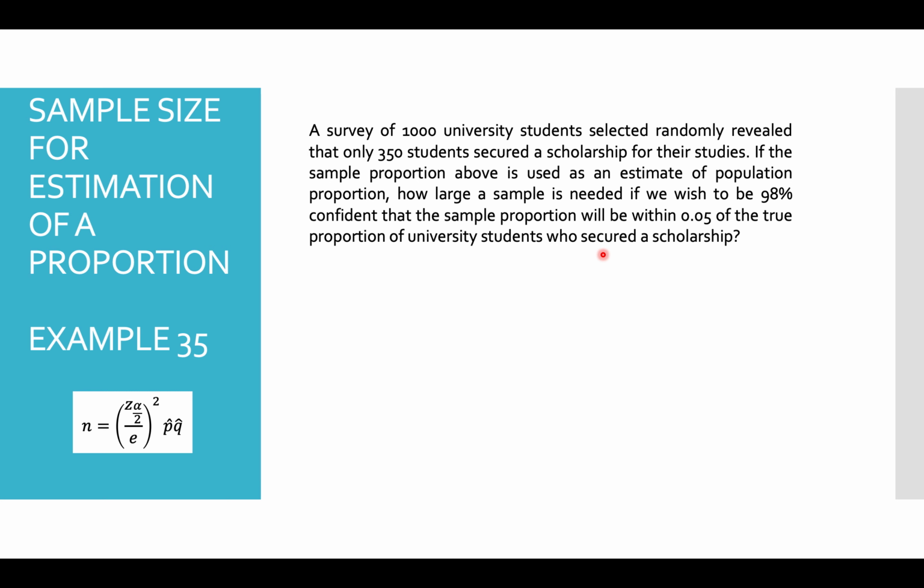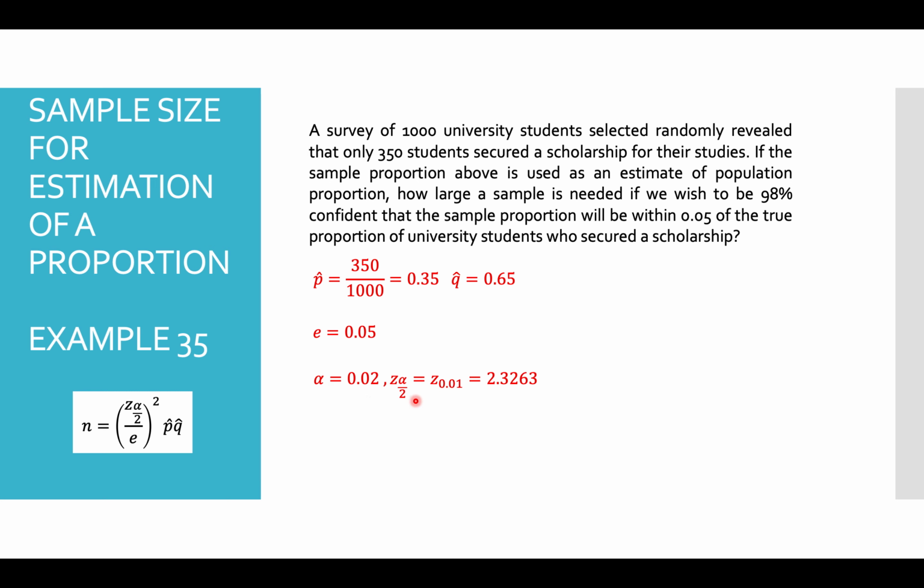Based on this example, the information that we have is p hat equals 350 over 1,000, so we get 0.35, and q hat equals 0.65. Next, e, the allowable error, equals 0.05, and alpha here is 0.02, since 1 minus 0.98 gives 0.02.